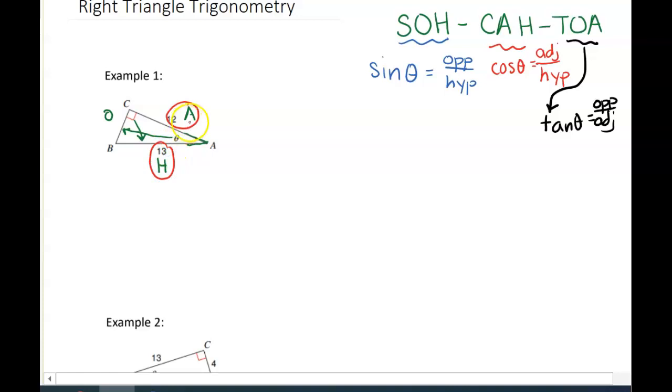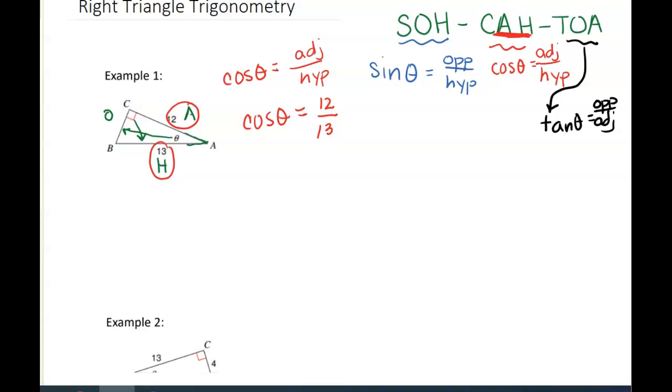Okay, so now that I know the adjacent and hypotenuse, I want to go up here and say, okay, well, where is adjacent and hypotenuse put together? And you'll see it is right here in cosine. So I can say that the cosine of some angle is equal to adjacent over hypotenuse. Well, cosine of theta, my adjacent is 12, my hypotenuse is 13.